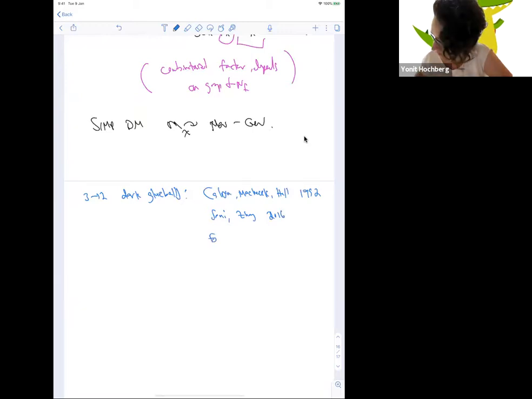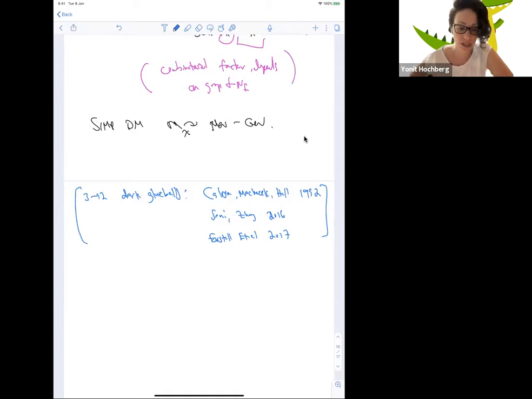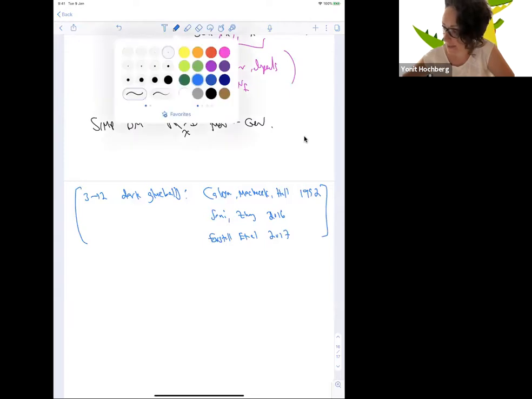And there's also a paper by Forestell et al. From 2017. So these are definitely the 3 to 2 pions are not the only way to go. You could also be using glue balls, but just to sort of show you how much richness there really is in terms of the options.